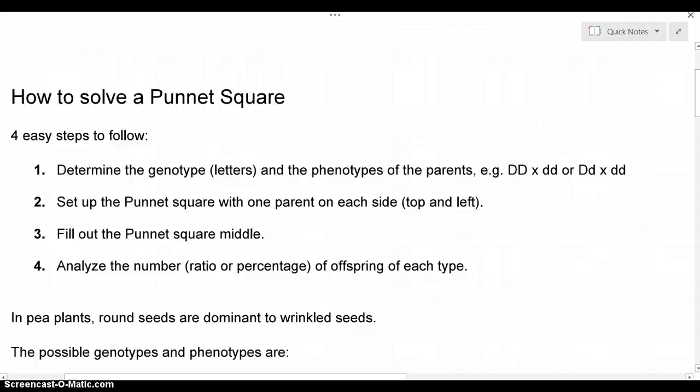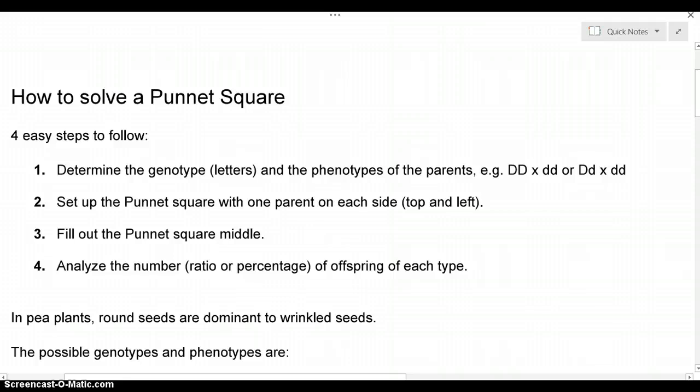Step number 1 is to determine the genotype and the phenotypes of the parents. Now we know that genotypes is expressing the genes as a letter, capital letter or lowercase letter, and the phenotypes is to physically say what the parents look like.